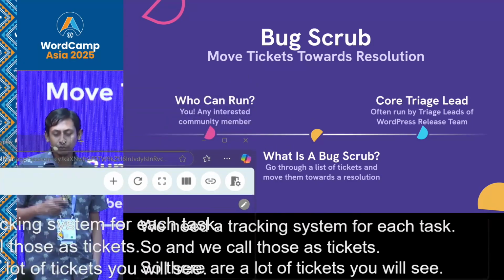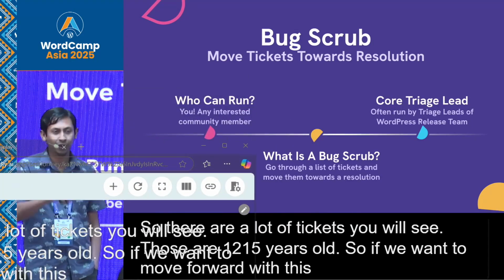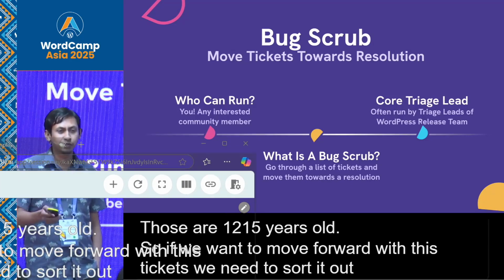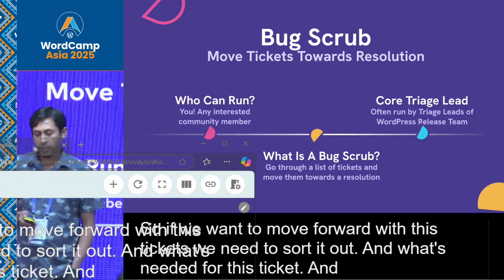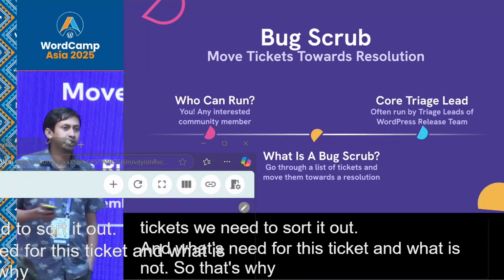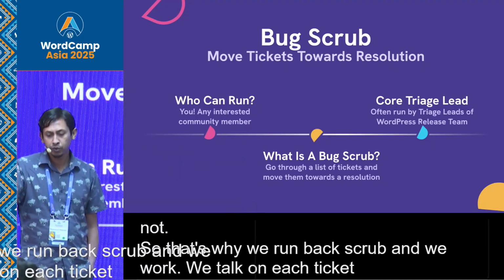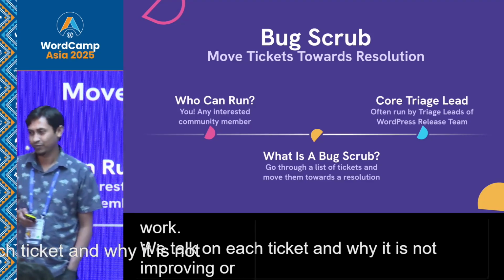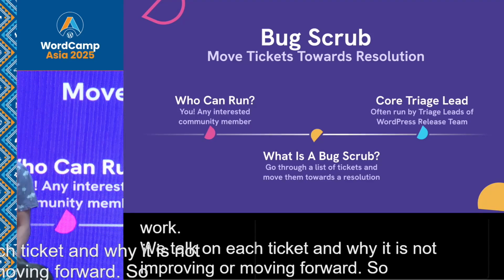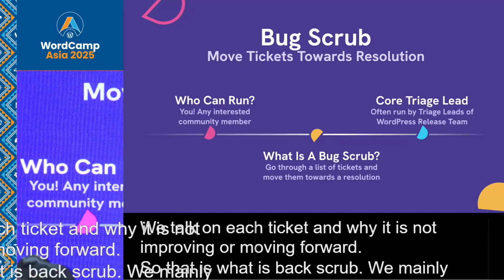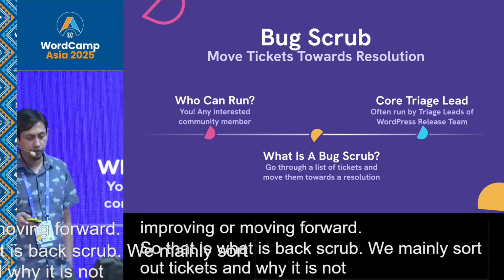If we want to move forward with these tickets, we need to sort them out: what is needed for this ticket and what is not. That's why we run bug scrub, and we talk about each ticket and why it is not moving forward. We mainly sort out tickets and why they are not moving forward.